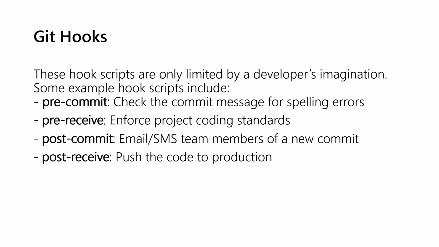Or they may be a binary executable, anything goes. The only criteria is that hooks must be stored in the .git hooks folder in the repo root, and that they must be named to match the corresponding events.